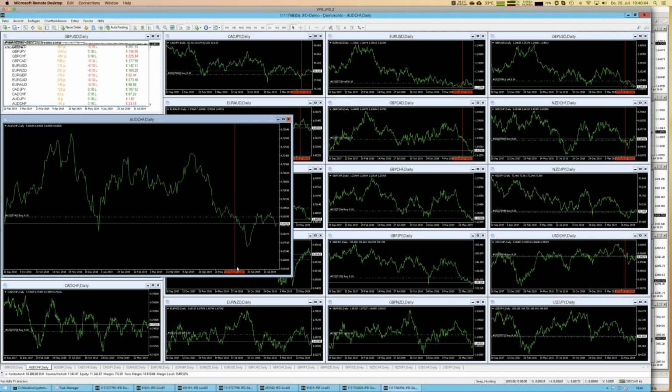And even with your naked eye, I think that's the way how you tell it in English, you can see overall it's going south. So in principle, going for a long trade in Australian dollar, Swiss franc doesn't look that good.